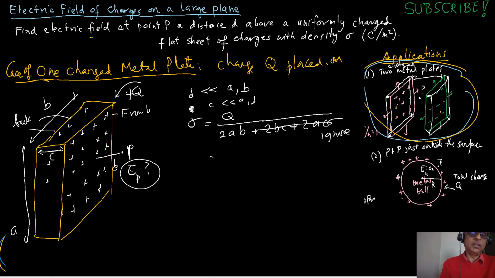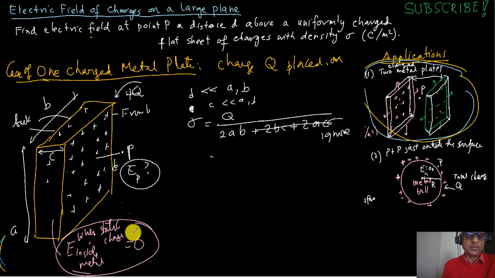Another thing you should notice is that the electric field inside metal, when charges are not moving, static charges, which is the case here, is actually 0. This is one of the properties of metals that defines what a metal is.